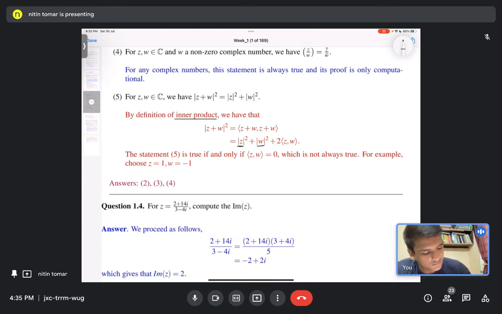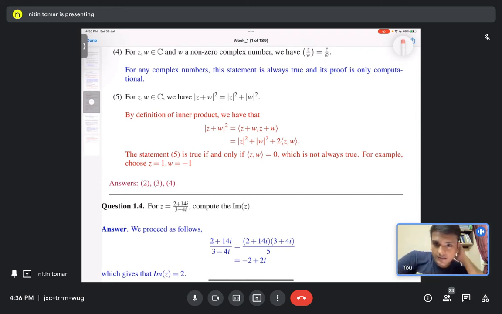Now if mod z plus w square is equal to mod z square plus mod w square, then this part has to be 0, which is not always true. Anyway, we have one example. You just put z equal to 1 and w equal to minus 1, and you will see that this equality does not hold.